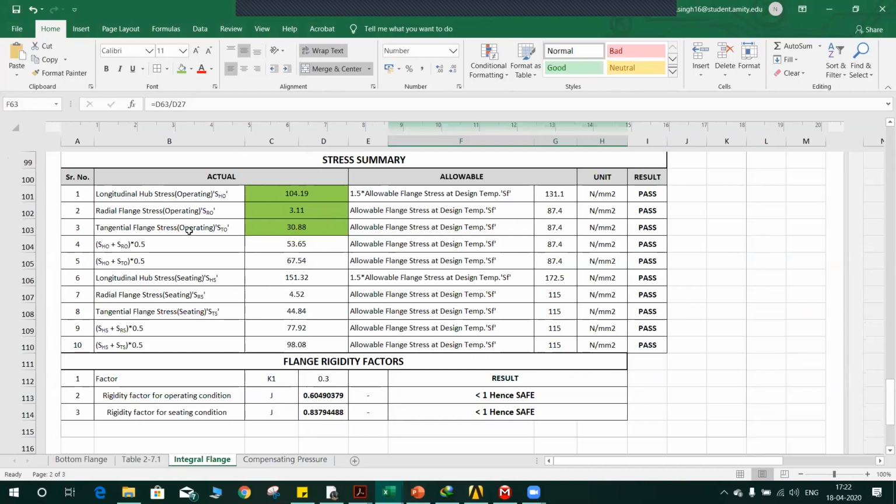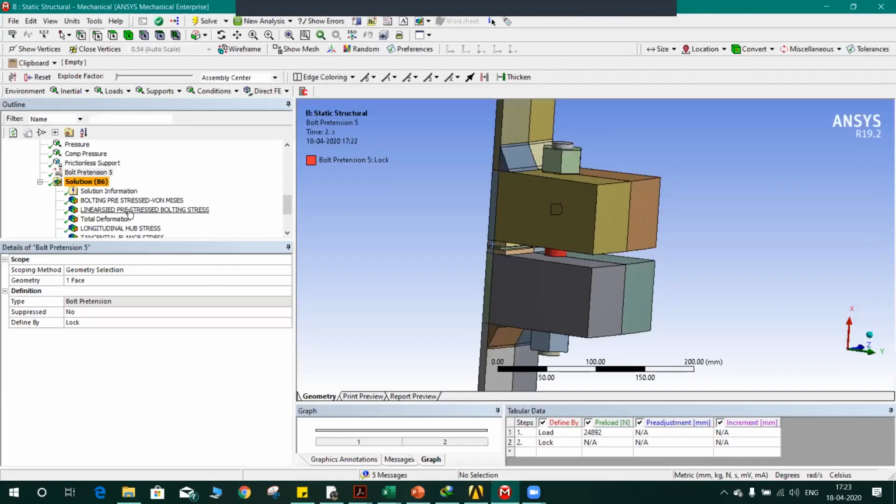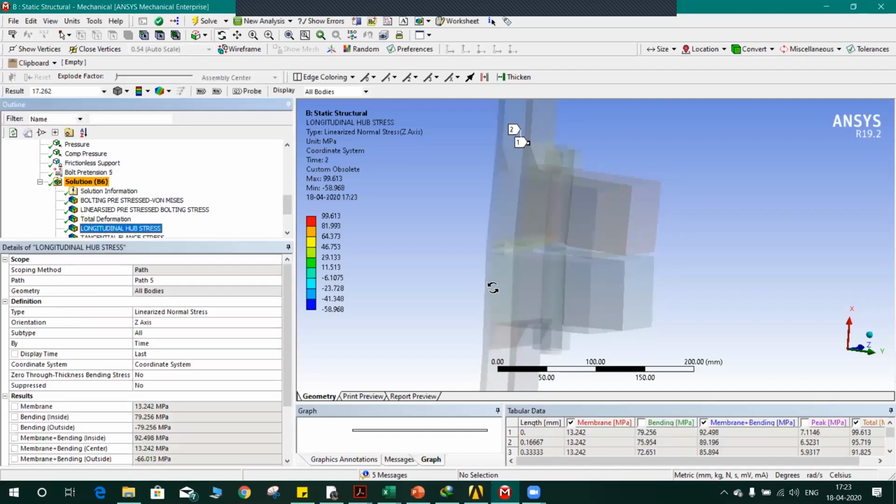These are the three important stresses you can see: the longitudinal hub stress, the radial flange stress, and the tangential hub stress. All three I have taken to validate the FEA results. Firstly, the longitudinal hub stress, SHO. You can see it over here.